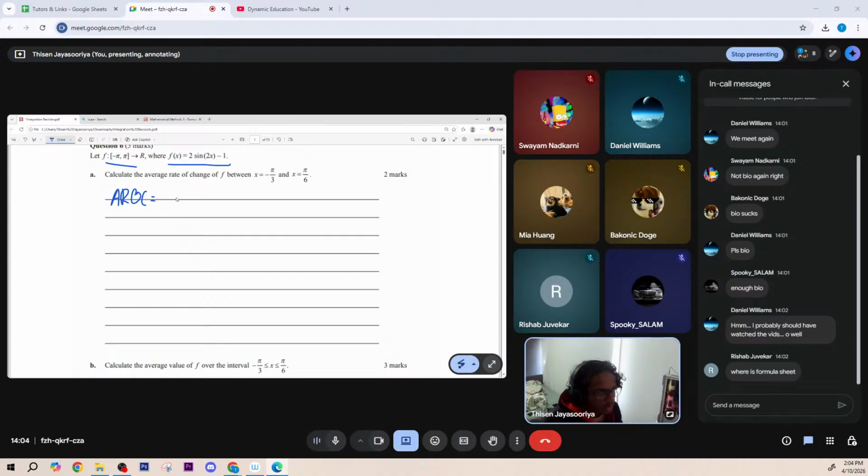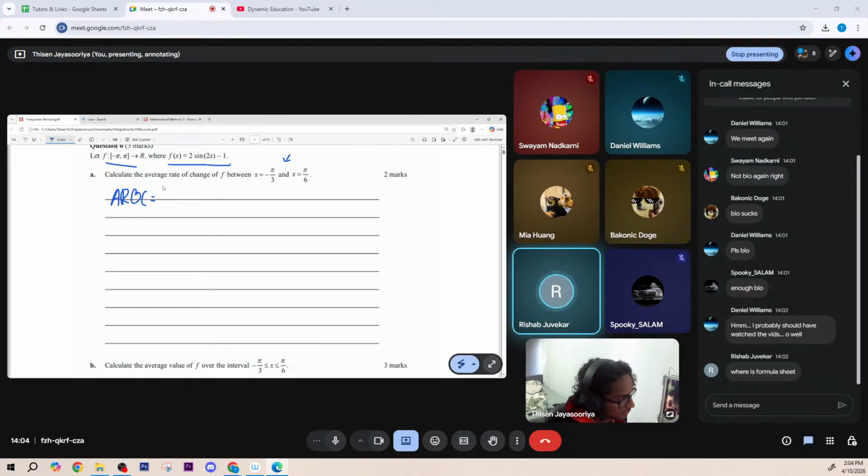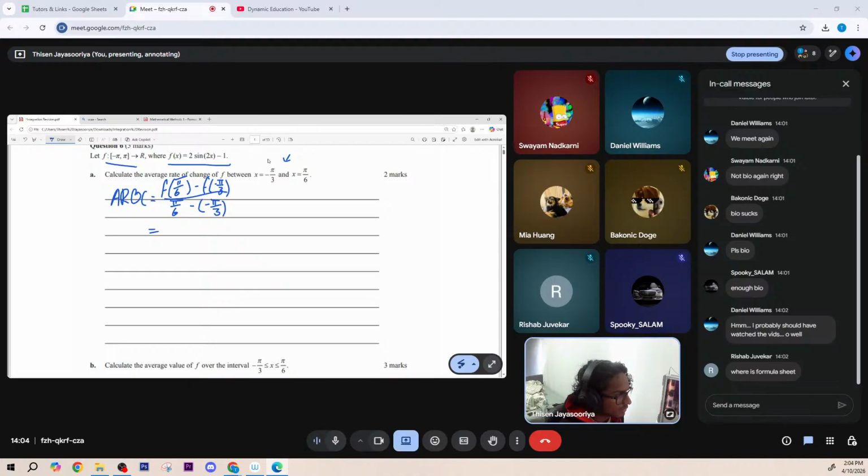So, I'll ask Rishab, what is the average rate of change formula? F of B minus F of A, over B minus A. Yep, so what's B in this case? Pi over 6. Yep, and then A is just negative pi on 3. So then we have here pi over 6 take negative pi over 3. Here we're going to evaluate these on the side.